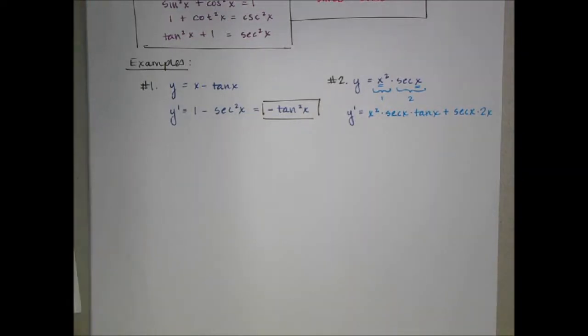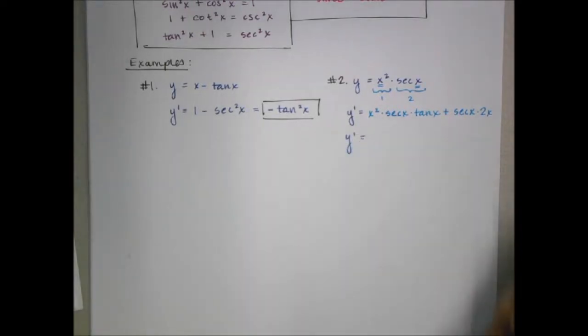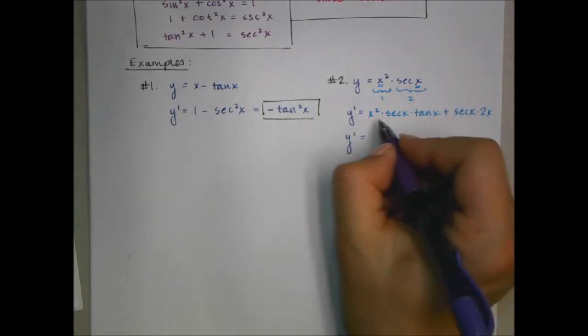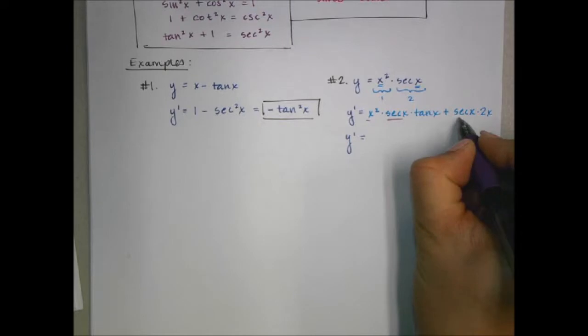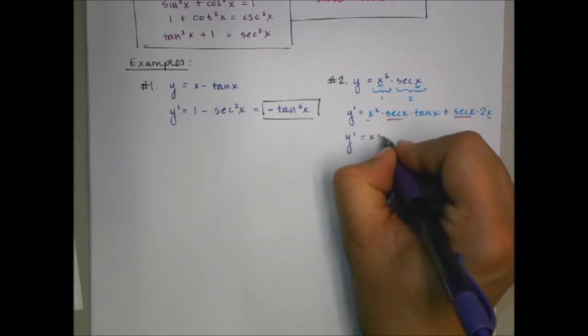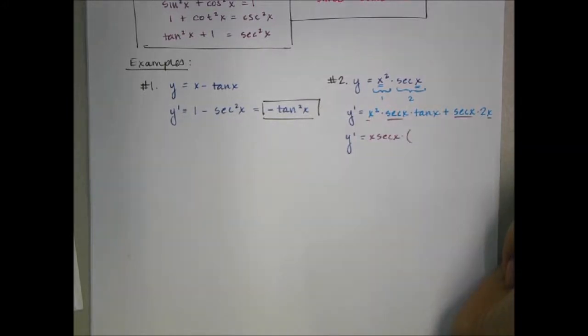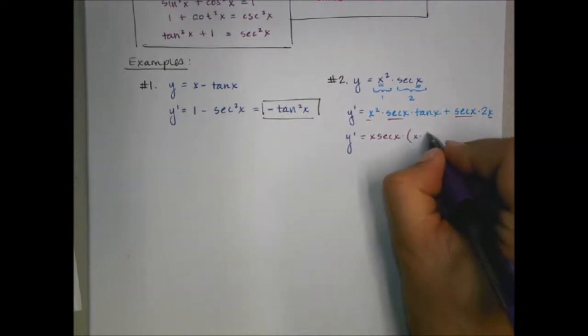There's a little bit that we can factor out. So you notice both terms have an x in common and a secant. So we'll factor out x times secant. And what are we left with? We're left with x times tangent plus 2.